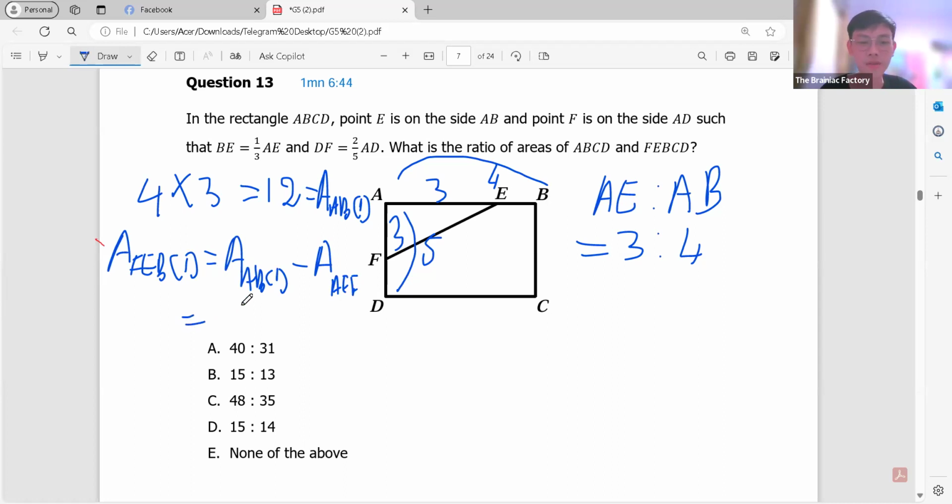We already have all the data. The area of ABCD here is 12, and for the formula for the area of the triangle, we have the sides here, which is 3, and this is 3 as well. 3 times 3 over 2.